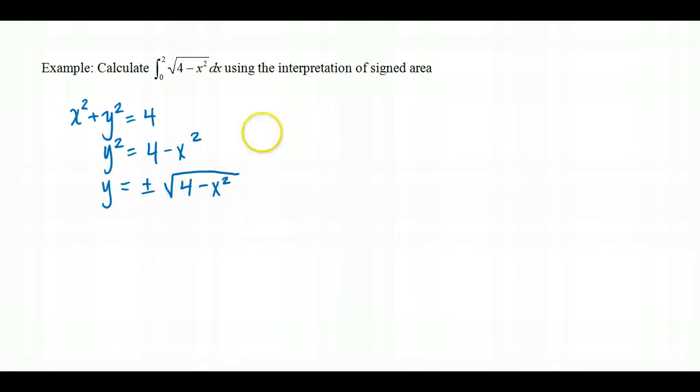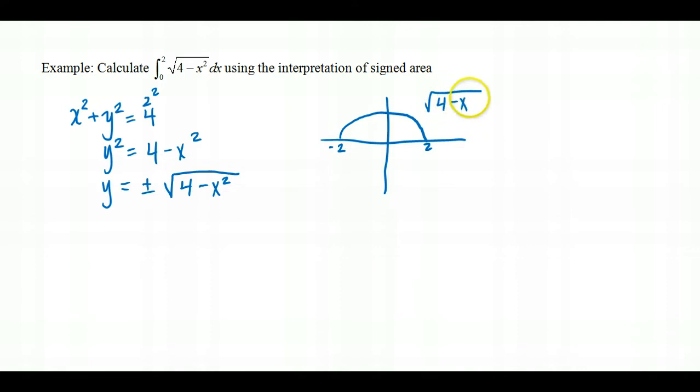And the positive portion is the top half of a circle, and the negative portion is the bottom half of a circle. So the top half of the circle here, and this circle would have a radius 2 because this 4 is 2 squared, and that defines the radius. So we have from 2 to -2. So the square root of 4 minus x squared, that's the top half of a circle. And the negative portion, -square root of 4 minus x squared, is the bottom half of the circle.